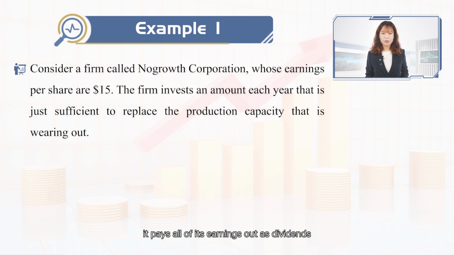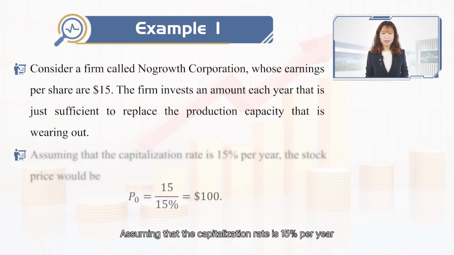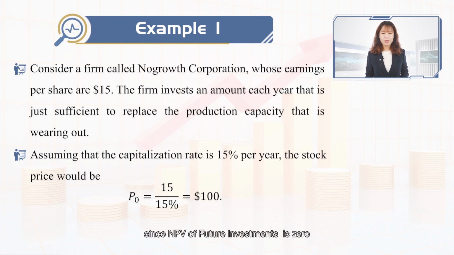Therefore, it pays all of its earnings out as dividends and there is no growth. Assuming that the capitalization rate is 15% per year, since the NPV of future investment is zero, the stock price would be $15 over 15%, which is $100.